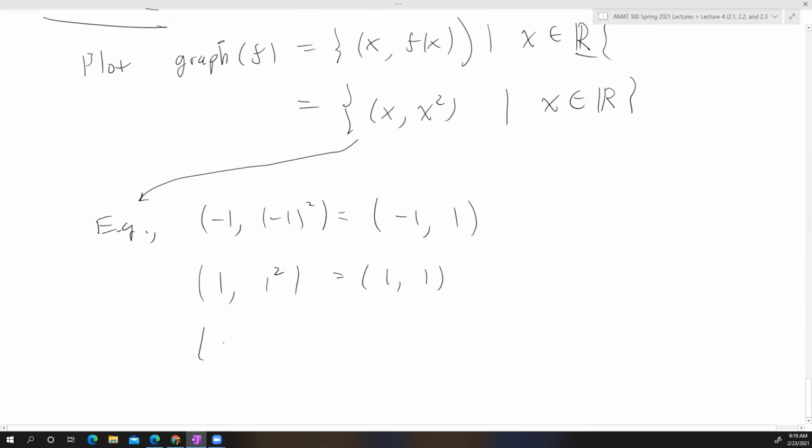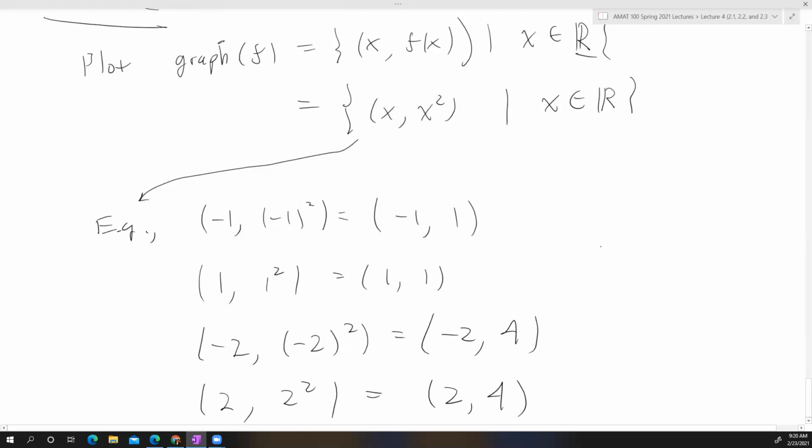And then we could have x is 2, and then this would be another point in the set. So -2, and then -2 squared would be 4. And then we have 2. And if x is 2, then that means f of x is 2 squared, which would be 2, 4. So this is just some points in the set.